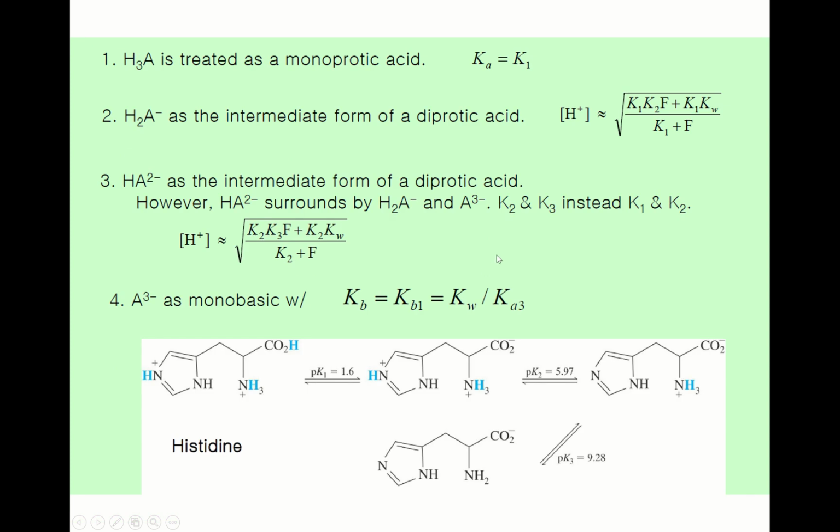Then the question is how to calculate the pH. That's quite simple when initially we have only the H3A species, the fully protonated species. As in the case of H2A, we take this as a monoprotic acid.